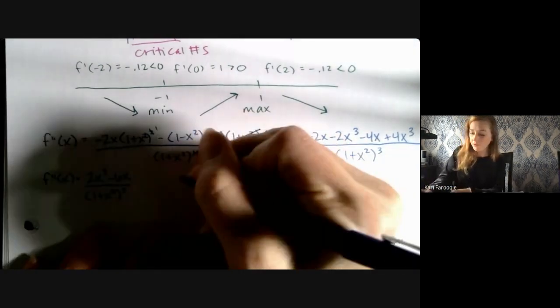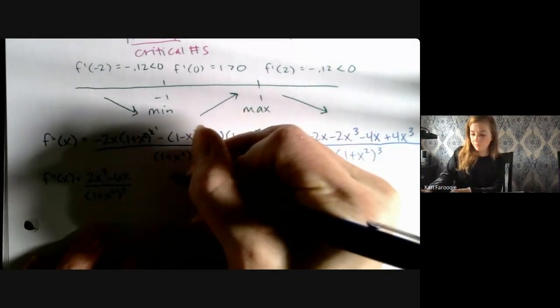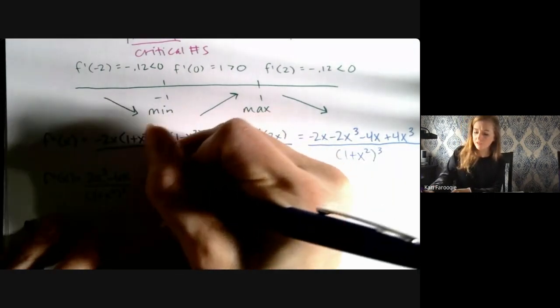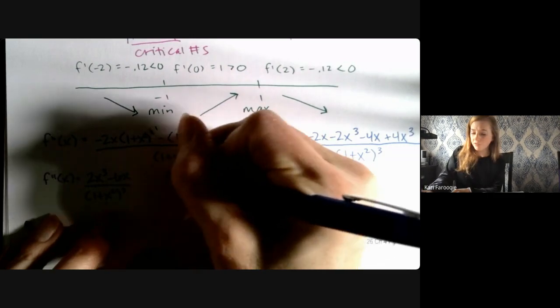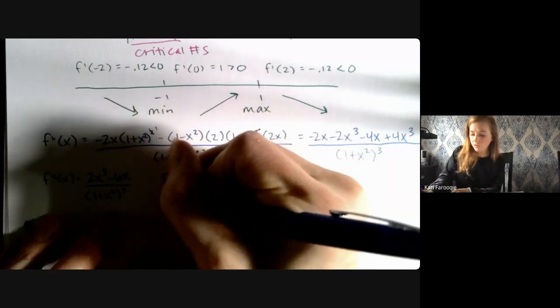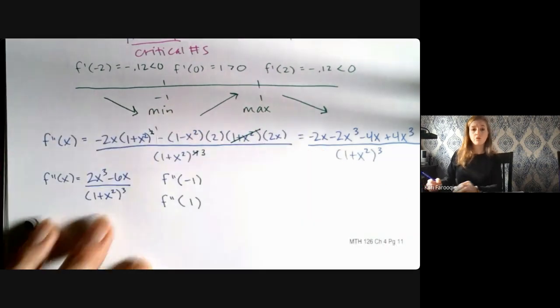Now, we already have the first derivative in our calculator, not the second. So we're going to have to enter that. So you're going to take f double prime and evaluate it at the first and the second critical number.